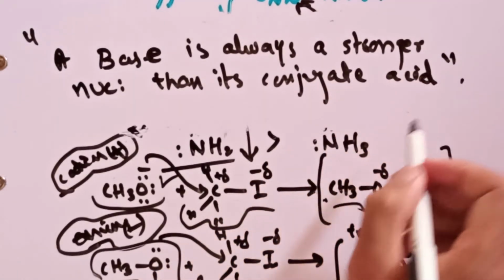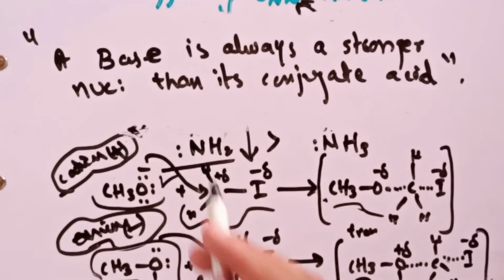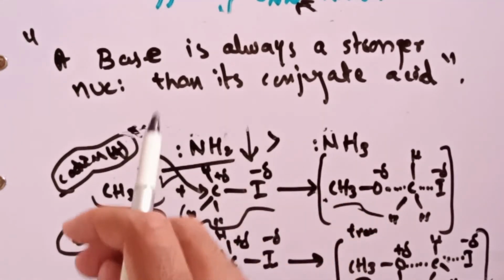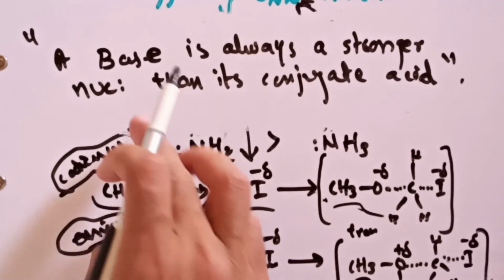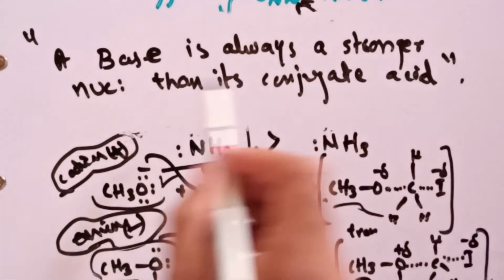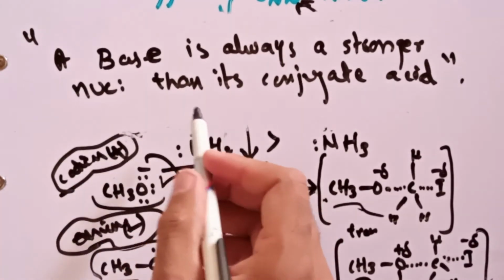That is very important. You need to remember this sentence everywhere. A base is always a stronger nucleophile than its conjugate acid.